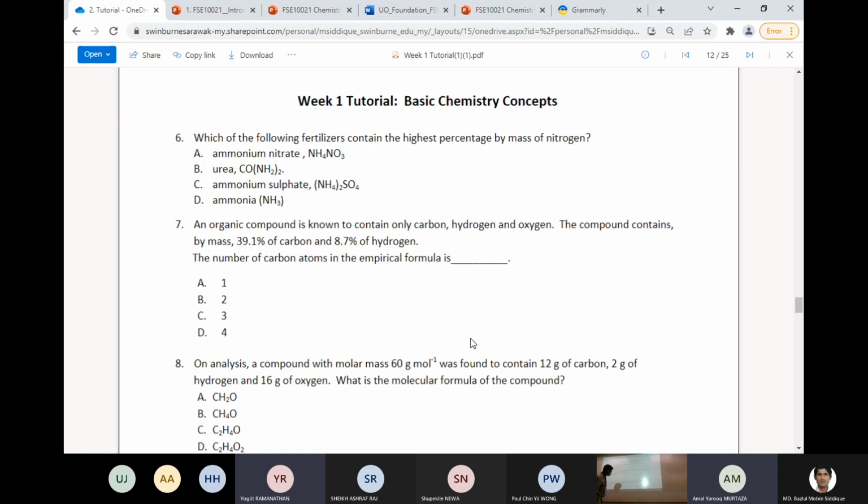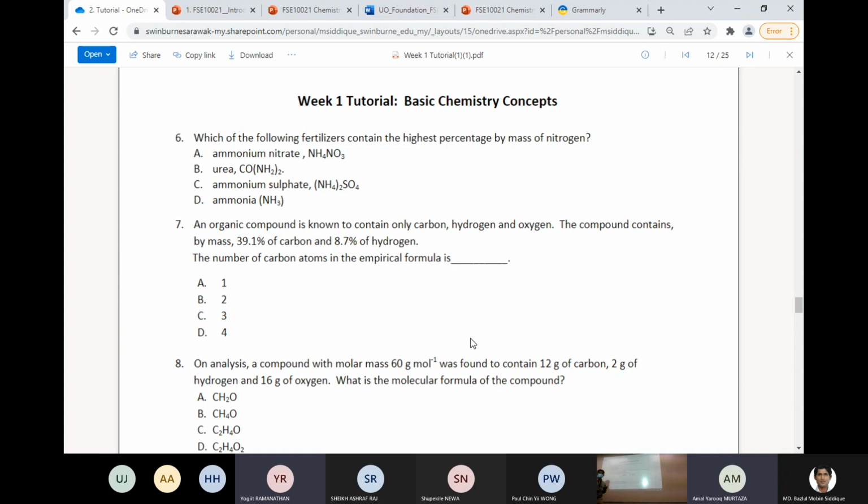The compound has 39%. I'm not going to do this again because this is quite a simple thing that you already know. 39.1% means consider grams: 39.1 gram of carbon, and hydrogen is 8.7 gram.